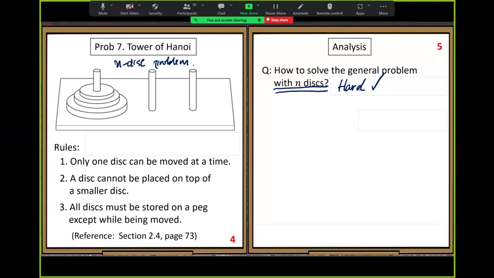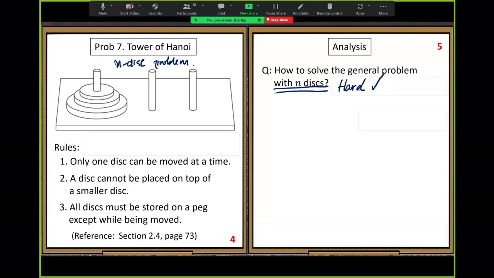Because n disks, too many disks, it's hard to see it clearly. So in this situation, there is a simple, effective strategy. We do experiments with n relatively small, where n is a small number. That's easy, right? We just work on a few experiments and we assume n is small. Then it's easy to solve.